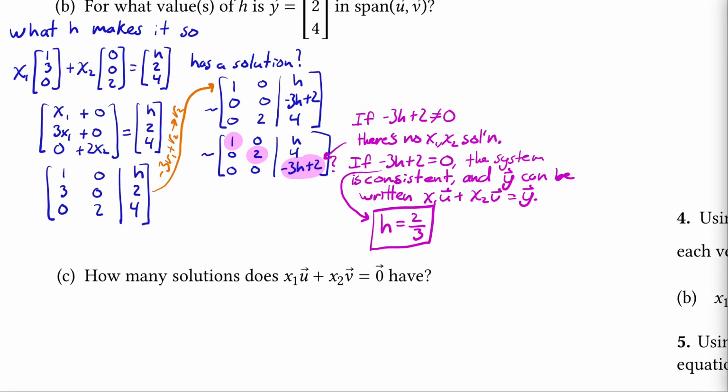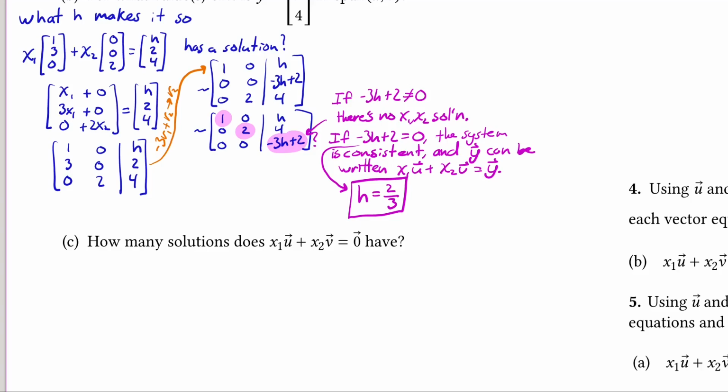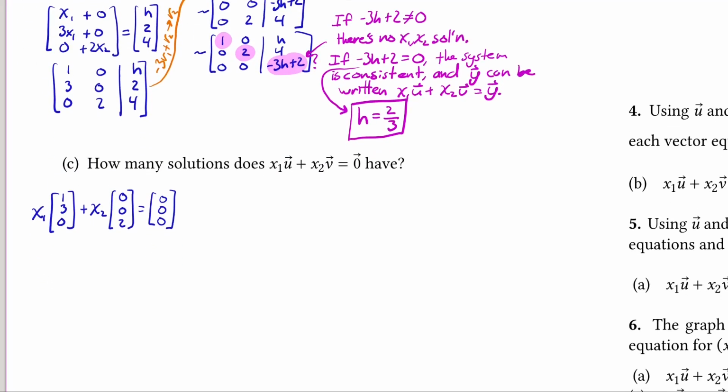Now, for part C, we want to know how many solutions does x1u plus x2v equals 0 have? We're still talking about this kind of equation. It's just that we have 0, 0, 0 here now.